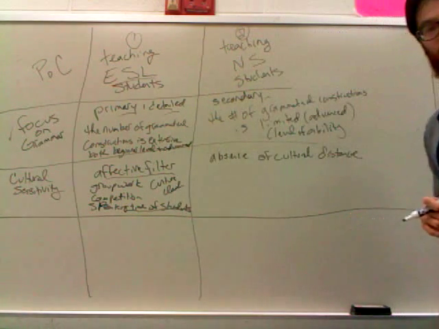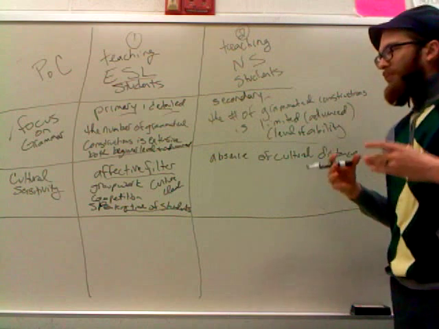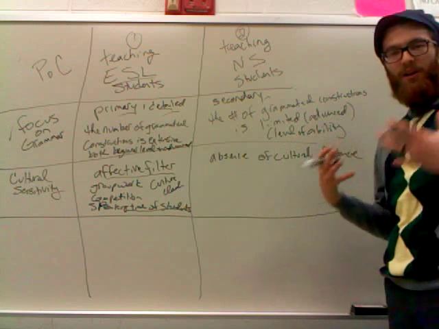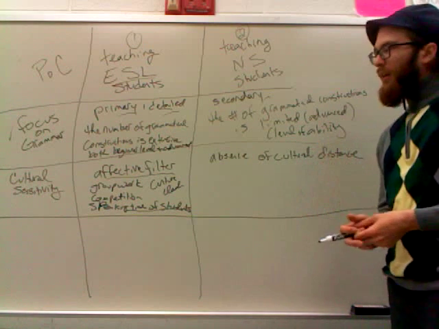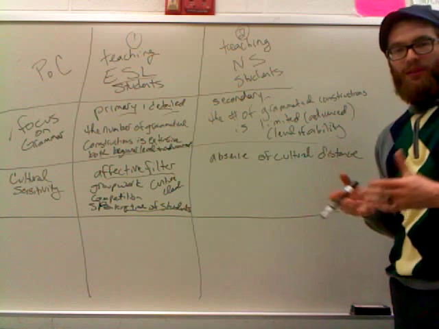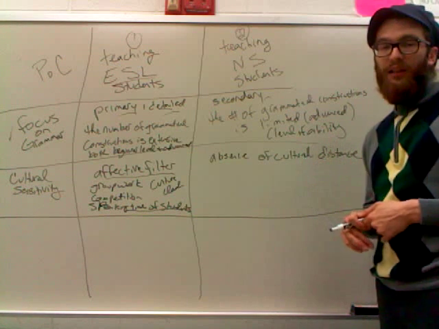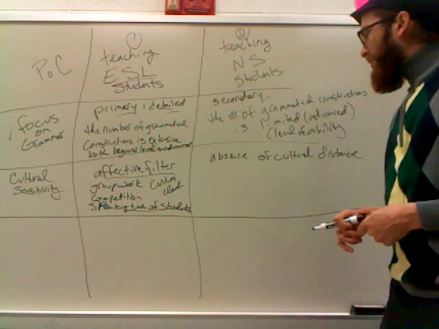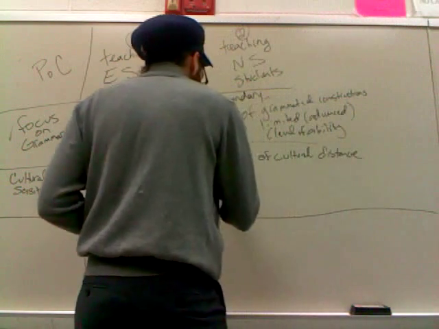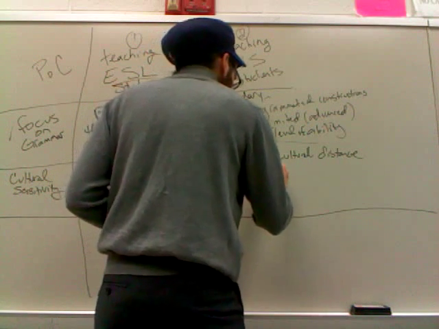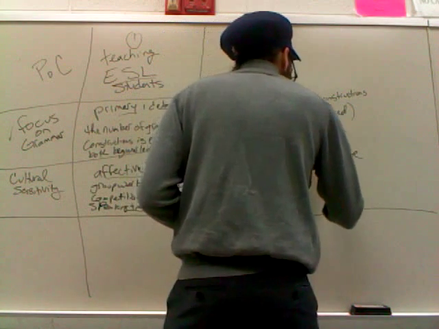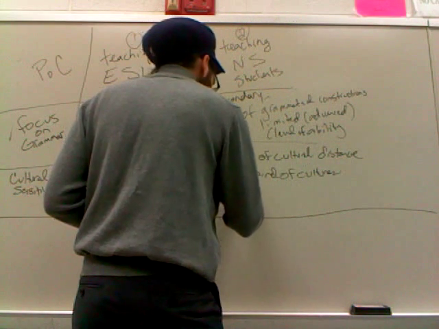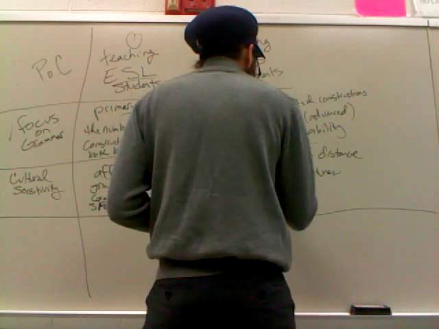Absence of cultural distance, I really cannot ignore cultural sensitivity, but since we're engaged with the same culture, we're on the same level playing field, and I don't have to be sensitive to culturally offending any American student. Okay? All right. So, level ground of cultures eliminates culture clash.